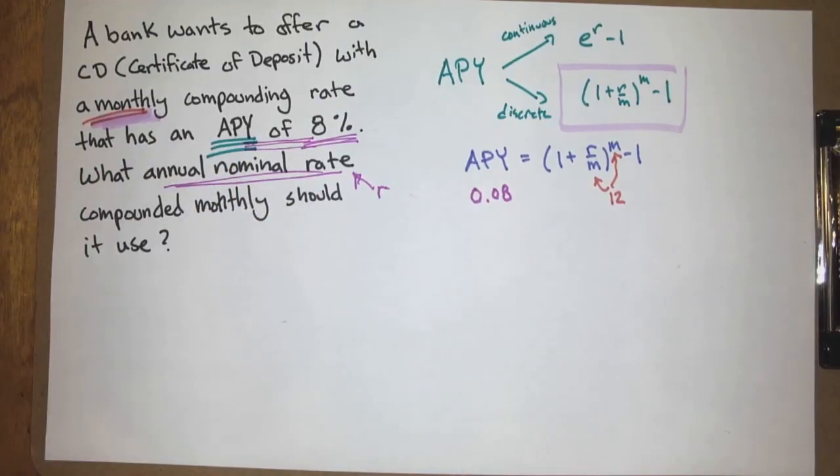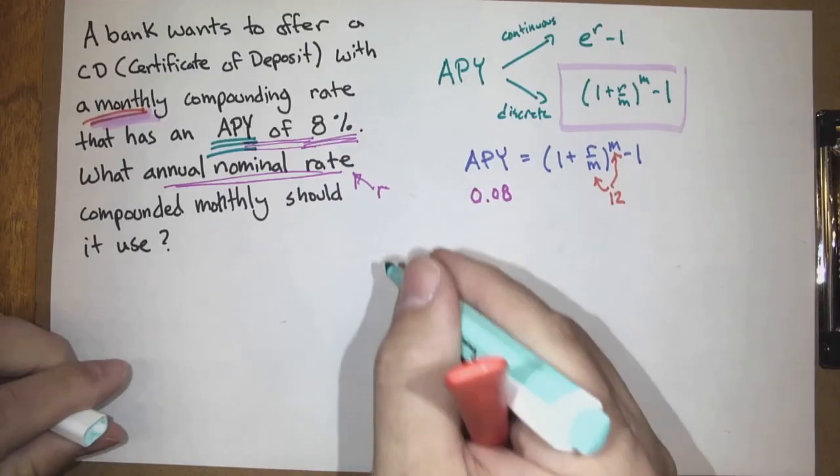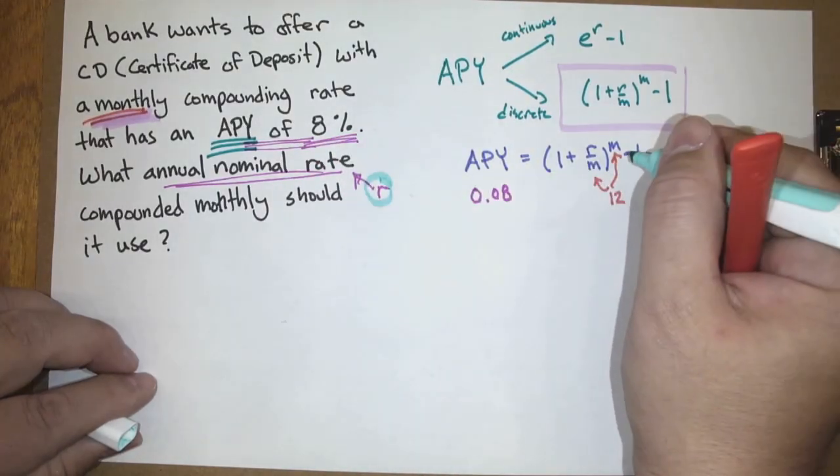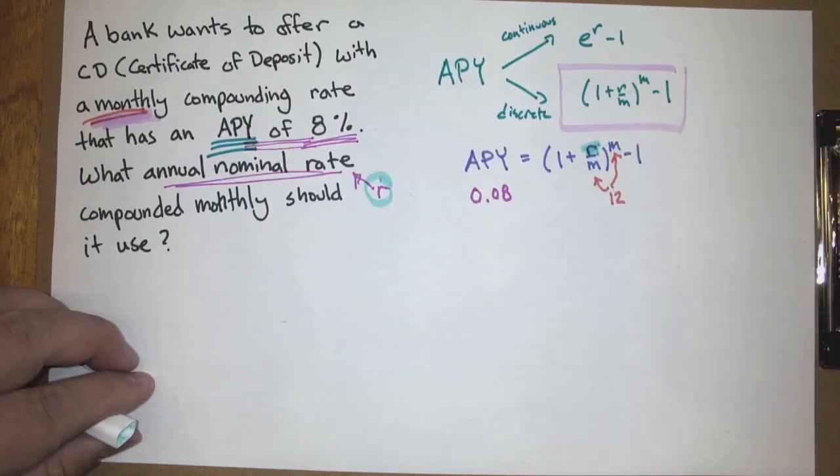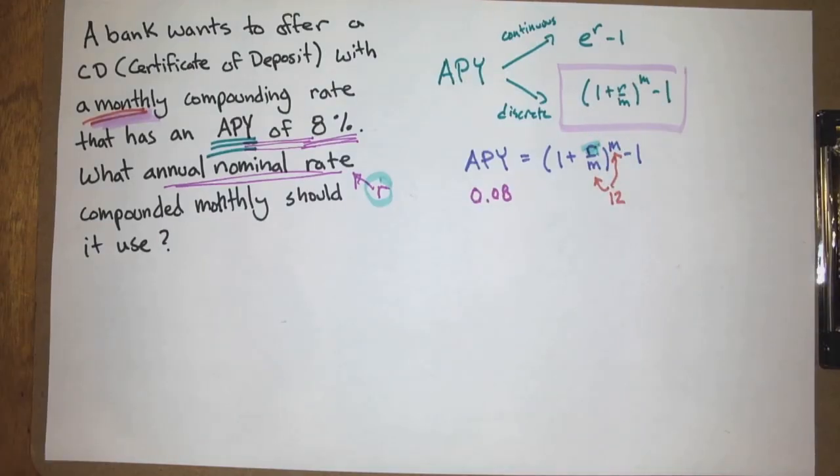And what we're trying to solve for is this annual nominal rate. So it's sort of saying, hey, this is the rate we're advertising. I don't know what the answer is going to be, 7.5% compounded monthly. And then it says, well, what's the annual percentage yield? Oh, it's 8%.